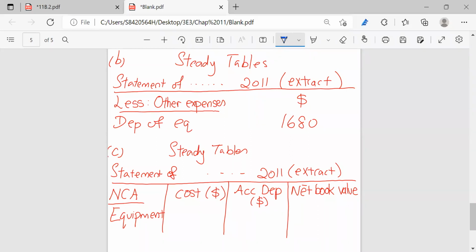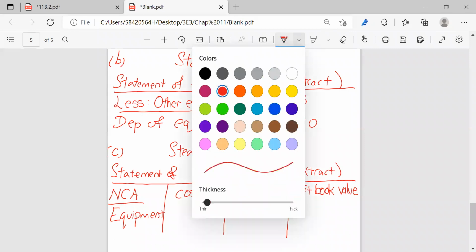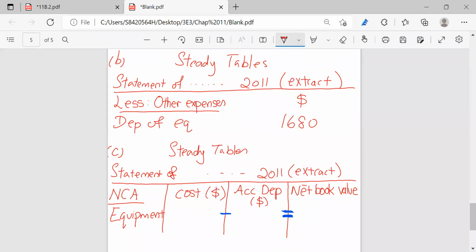There's actually an invisible minus sign and an equal sign here. Invisible means you don't have to write this, because all the accountants will know how you get your net book value. It's basically your cost price minus accumulated depreciation.